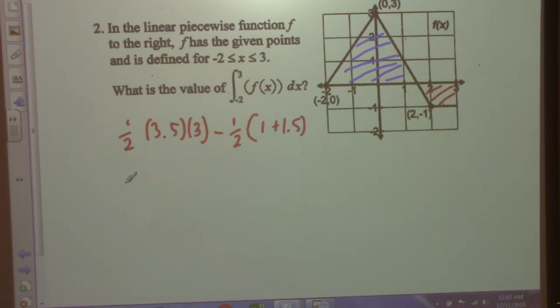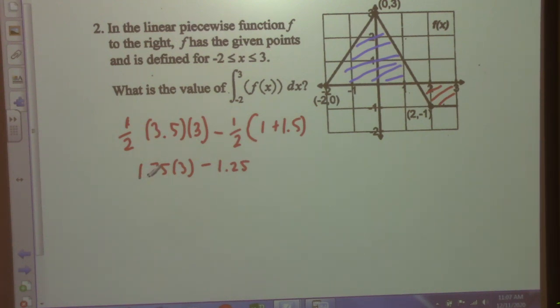And so that's going to be it. So you're really talking about 1/2 of 3.5, that's going to be 1.75, I'm working with decimals, times 3, minus 2.5 over 2, so that's going to be 1.25.